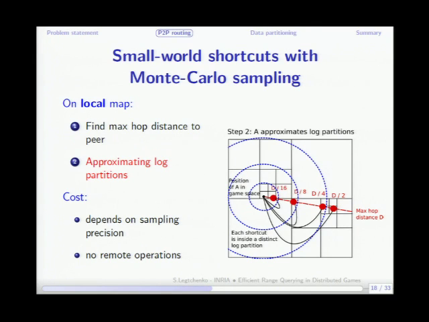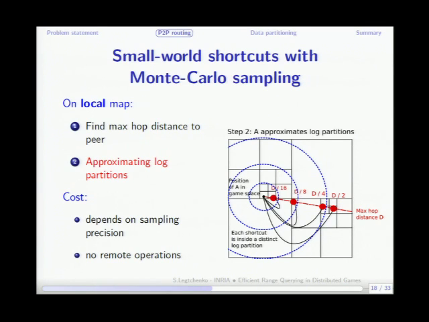Then the map is used to find the distance that is halfway to the peer, then a quarter of the way to the peer, and so on, which basically approximates the log partitioning. This algorithm is completely done locally. The only cost is the local computational cost of the sampling, which is a user-defined parameter.